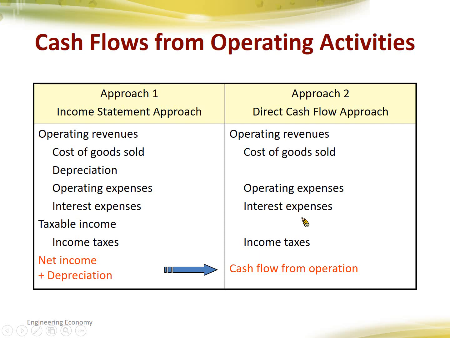Or we can compute directly, jumping out these computation of taxable income so that we reduce the depreciation. So basically, we compute directly to get cash flow. Okay, again, they are the same.